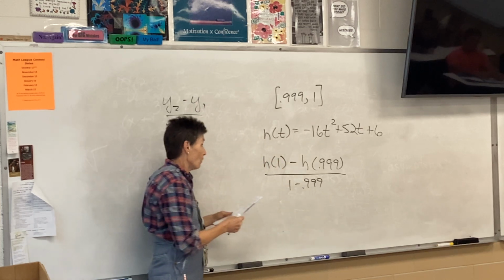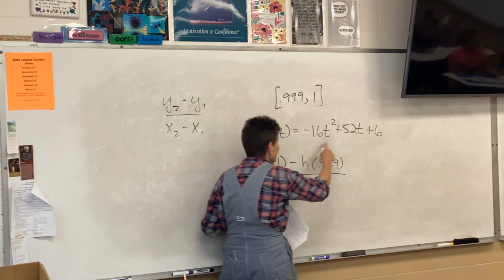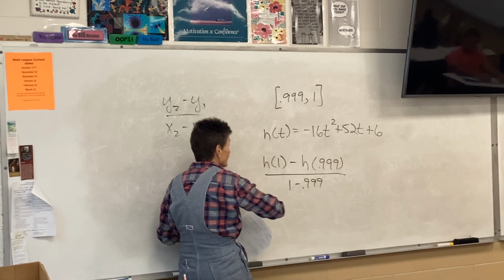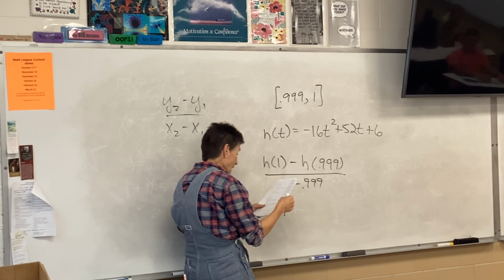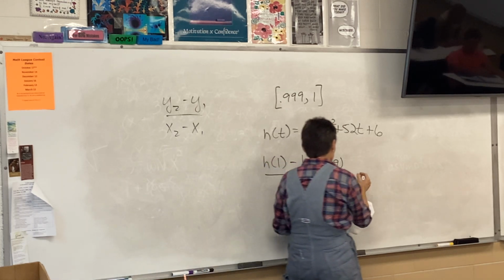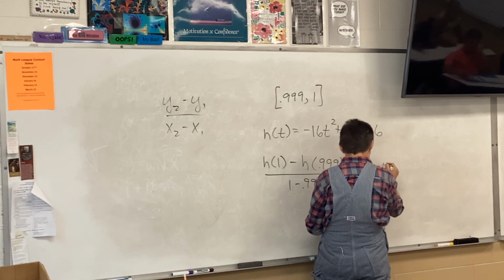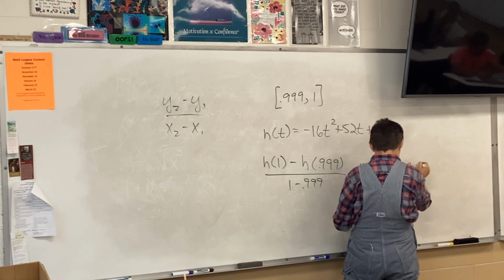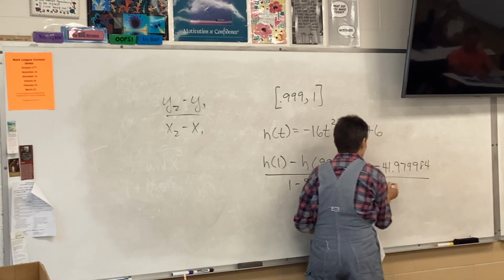Okay? So, you can do this. Put 1 in, put 0.999 in, and subtract 1. And when I did that, I got 42 minus 41.97994 over 0.001.